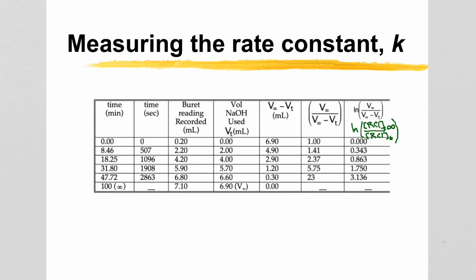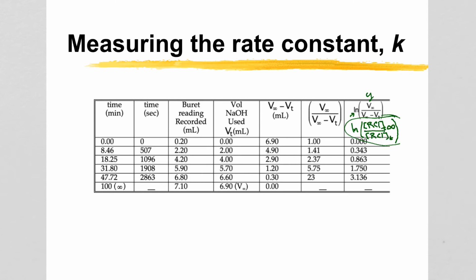Now you might be asking yourself, how is this the y variable? Well, that's because the natural log of V infinity divided by V infinity minus Vt is equivalent to what we saw was the y variable in the integrated rate equation. If you'd like to know exactly how that algebraic manipulation happened, you can read the endnotes of the lab handout.